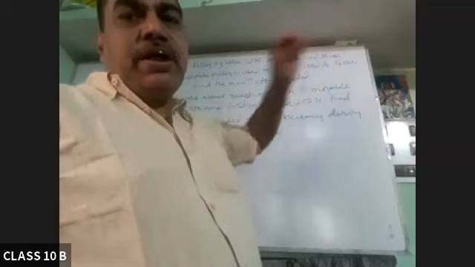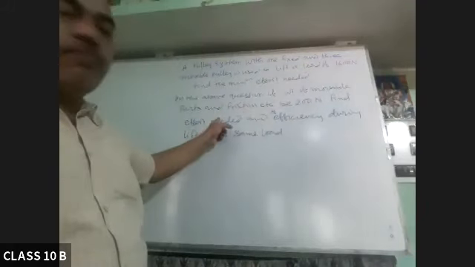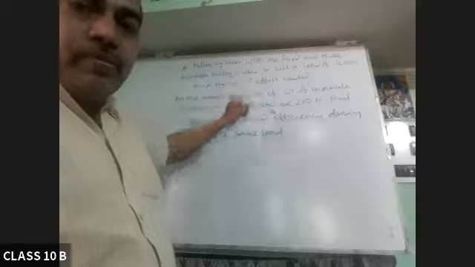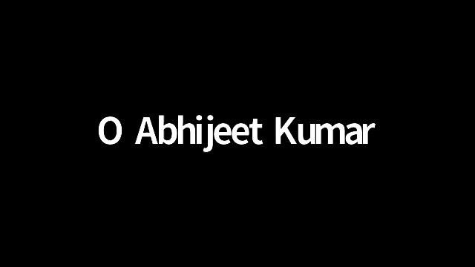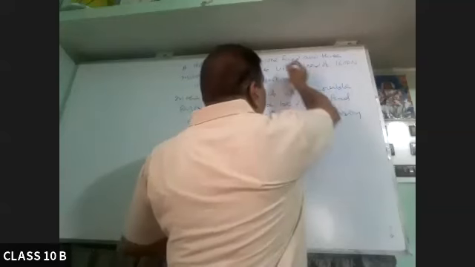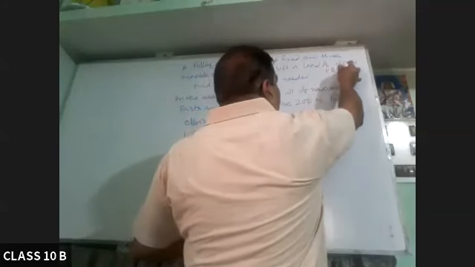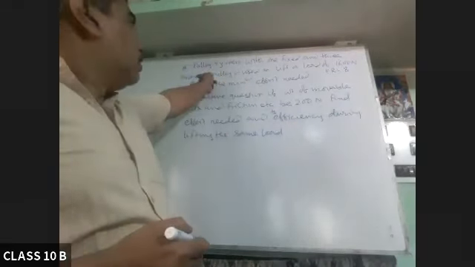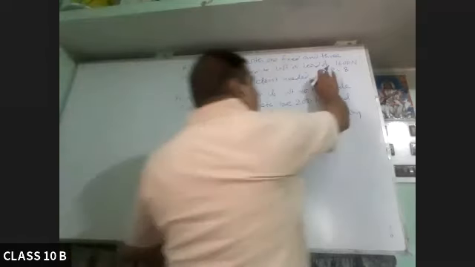Nothing is mentioned about the machine. So we will treat it as an ideal machine. Useless load is not given here. Useless load is given in the second part. So 200 Newton will be the answer. Velocity ratio is 8. Ideal mechanical advantage equals velocity ratio. With 3 movable pulleys, what will be 2 to the power 3?